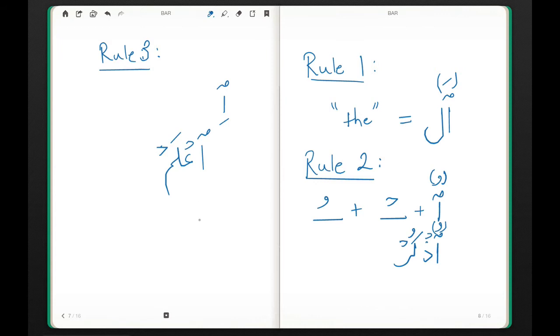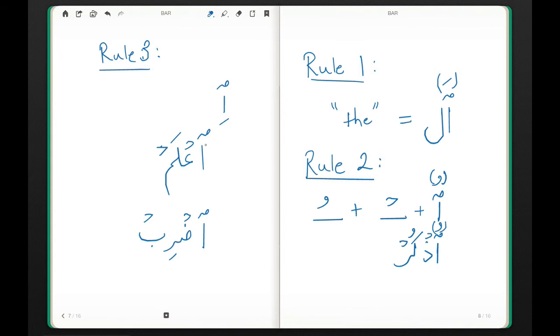Alright, so we have this example. Let me give you one other example. Okay, so here are two examples.